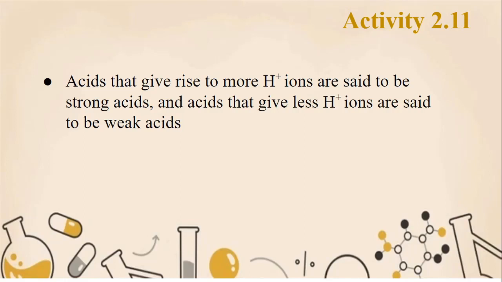Can you now say what weak and strong bases are? Here is the definition for strong acids and weak acids. Now you have to define the strong base and the weak base.